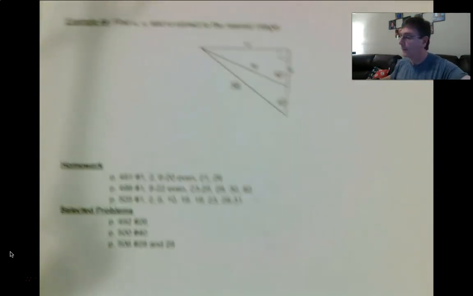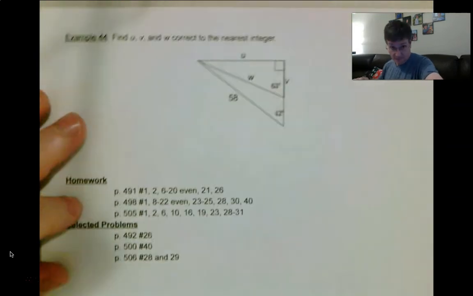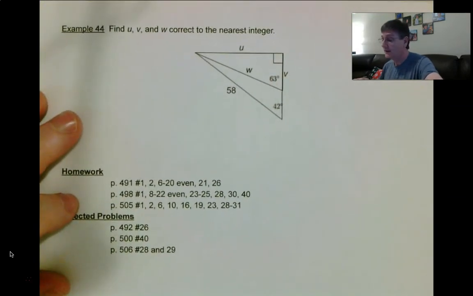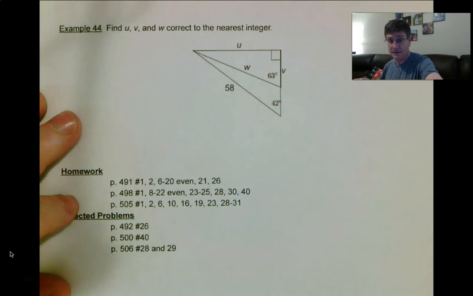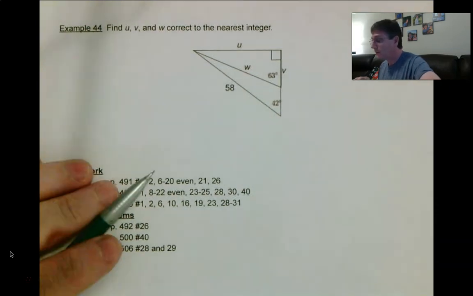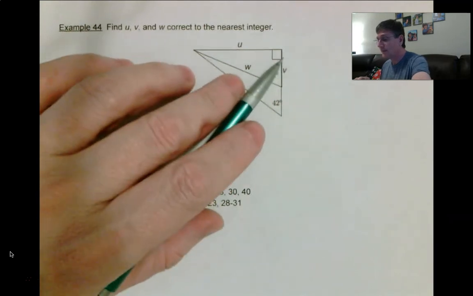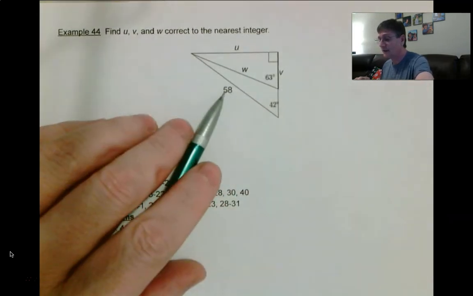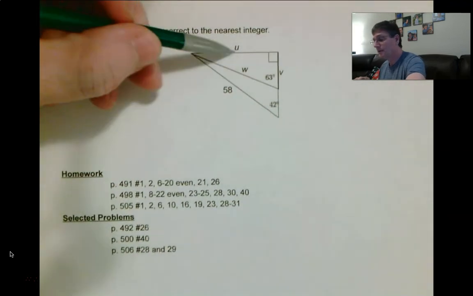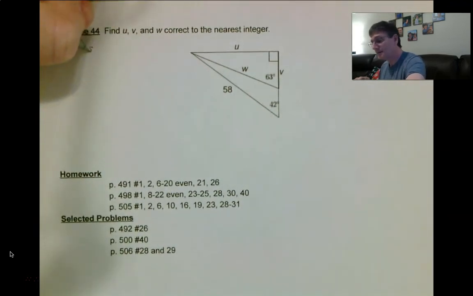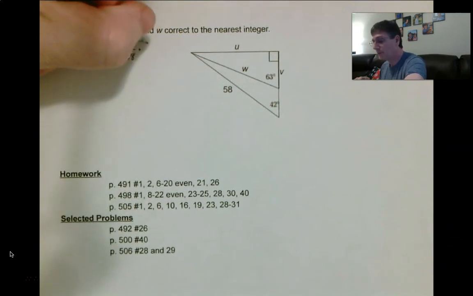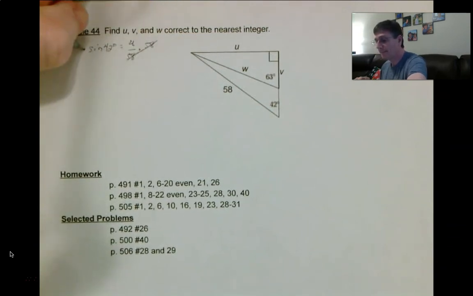Example 44. Find u, v, and w, again to the nearest integer. Let's go with finding u first, because we have the 42 degrees and the 58. And that's going to be sine. Sine 42 degrees equals u over 58. Multiply both sides by 58.